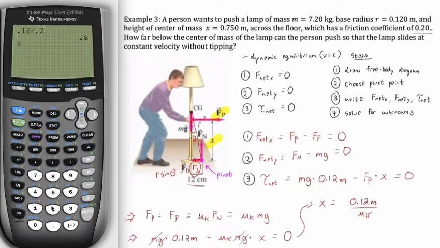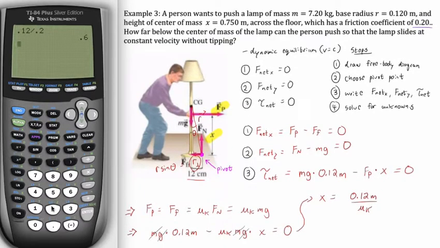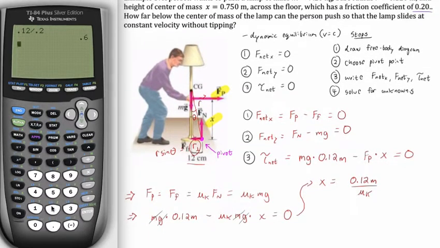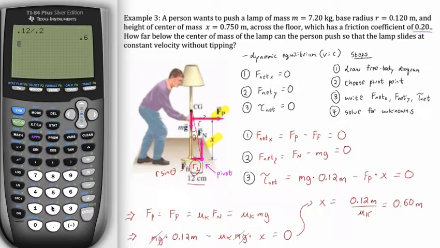So x equals 0.60 meters. Okay, and see how far below. So I solved for x. The height of the center of mass is 0.75. Now I realize that there's an unfortunate confusion here with the variables, because here I say the center of mass is at x equals 0.75.